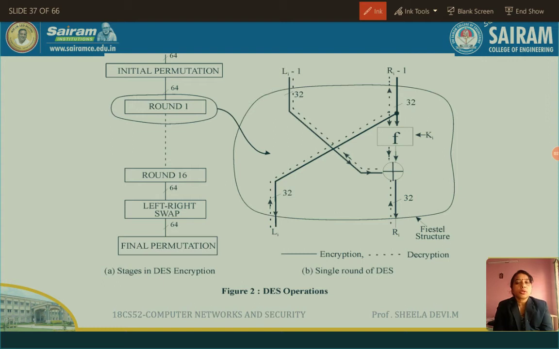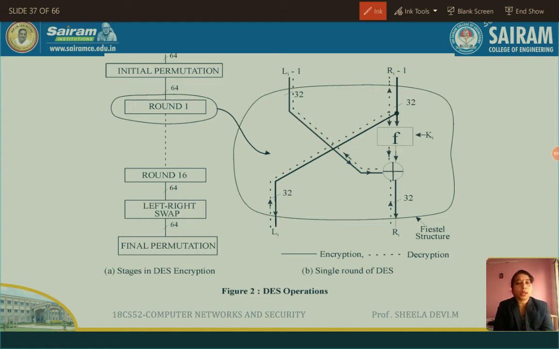Then the second process is what happens in the 16 rounds. After the output from the initial permutation, it will go to the second process, that is round 1. Before entering into round 1, the 64-bit data should be divided into 2 parts.